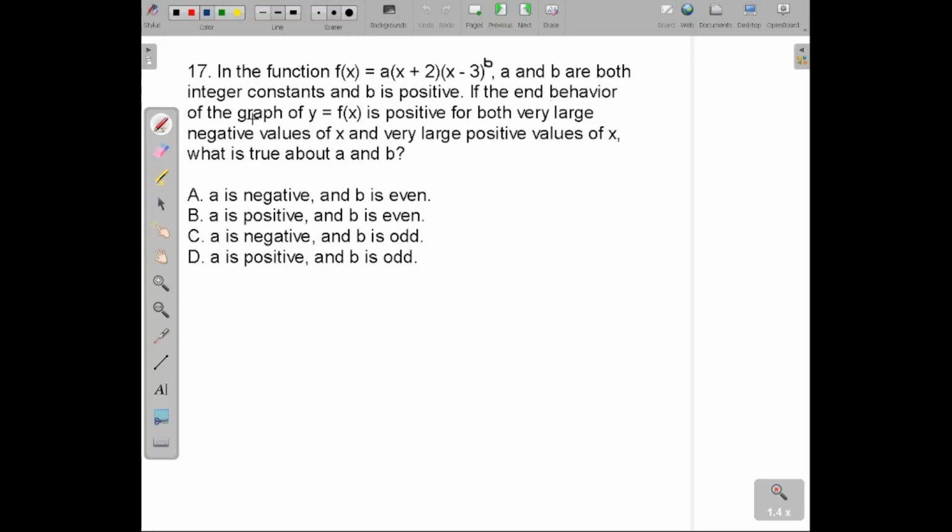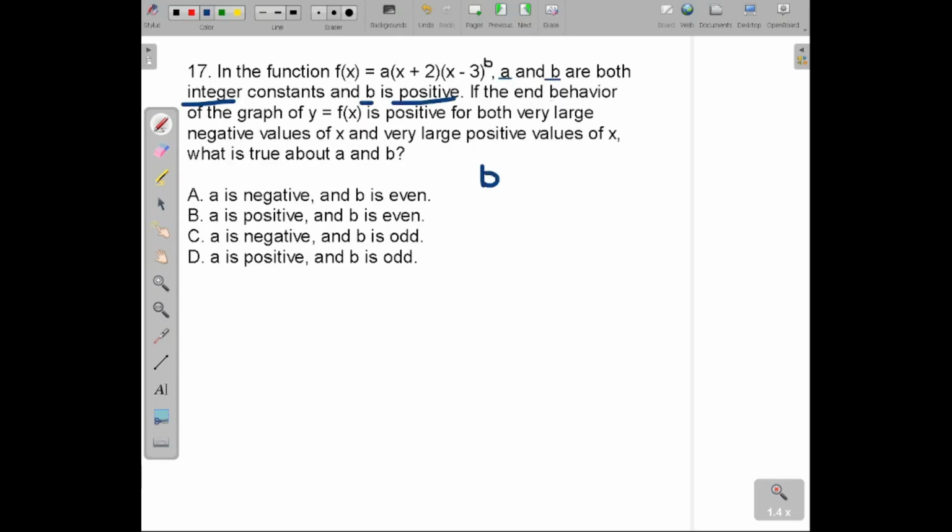In the function f of x equals a times (x plus 2)(x minus 3) to the power of b, a and b are both integer constants and b is positive.